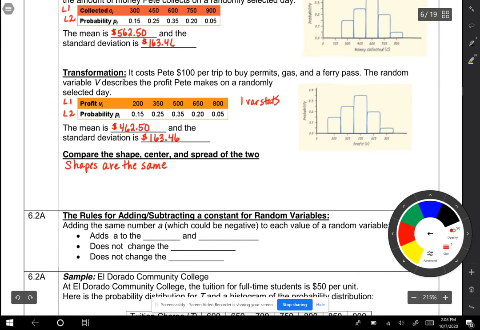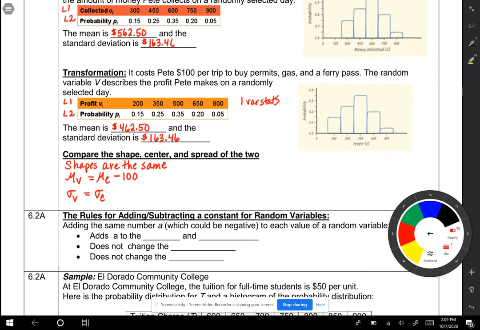The mean of the profit is equal to the mean of the amount collected minus $100, and the standard deviation of the profit is equal to the standard deviation of the amount collected, because that did not change.